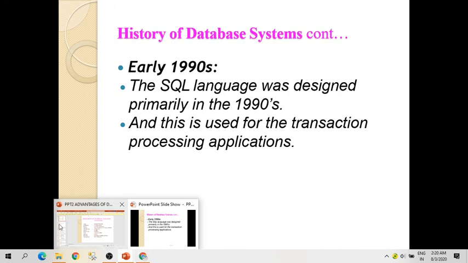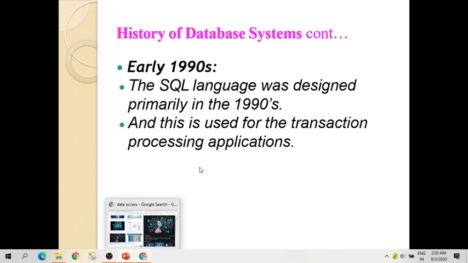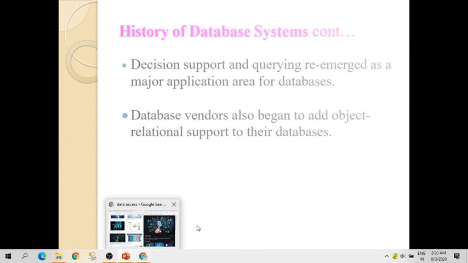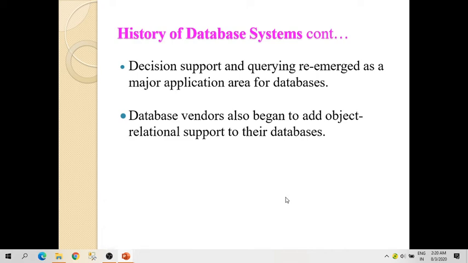And in the 90s, SQL language was designed primarily and it is used for transaction processing applications. Design support and query re-emerged as a major application area for databases.